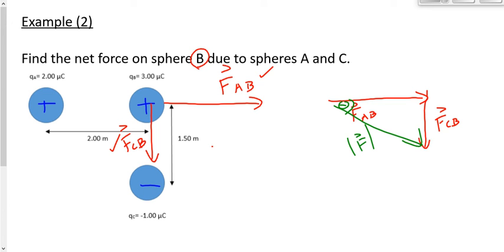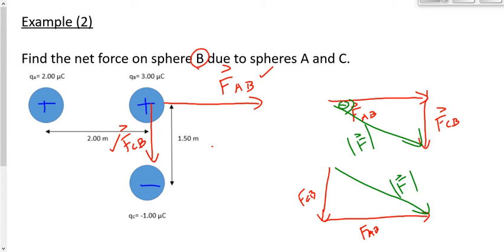Now, there's one more way that I could have added these together, but it's real similar to what Logan just told me to do. So you could have drawn FCB first, and then FAB second. When you do that, you're going to get the exact same value for F, but theta will be different, right?